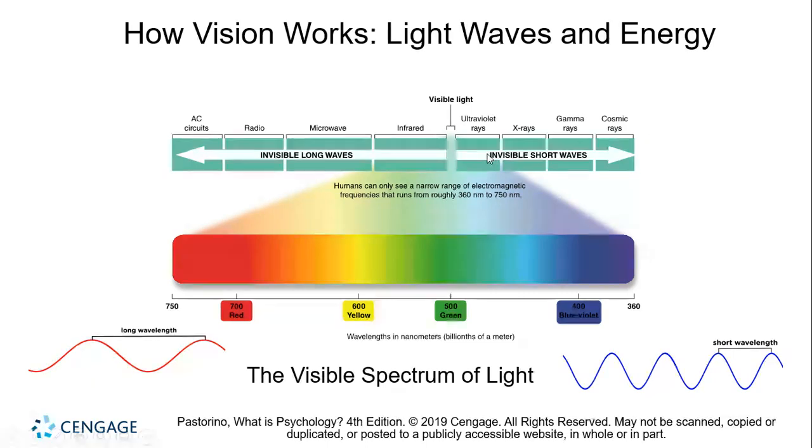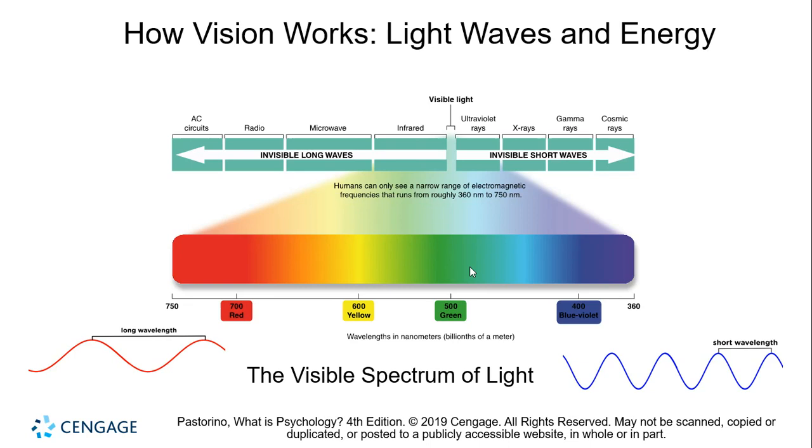On the other side, light also includes ultraviolet rays, X-rays, gamma rays, and cosmic rays. And your eyes also do not detect any of that. We only detect what is called the visible light spectrum, which is a little bit in between infrared and ultraviolet, but that includes every color that we see, from reds to high blues.